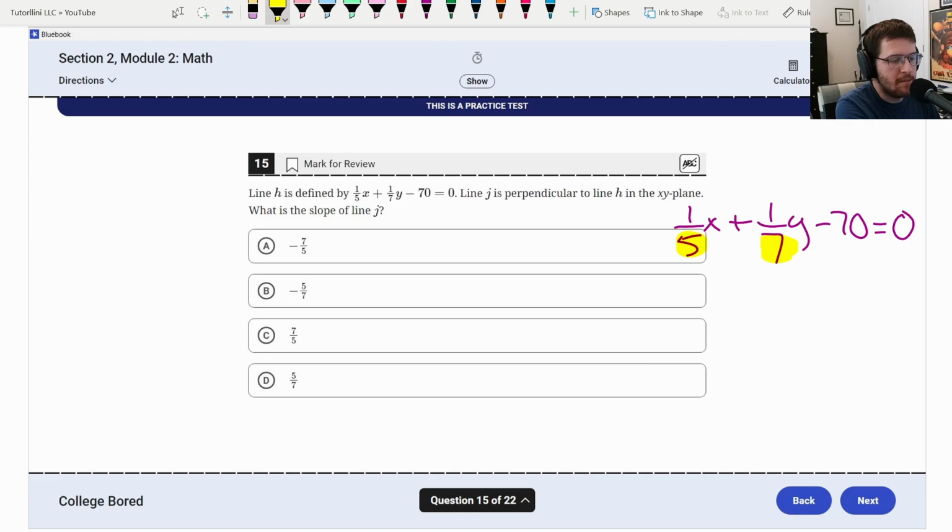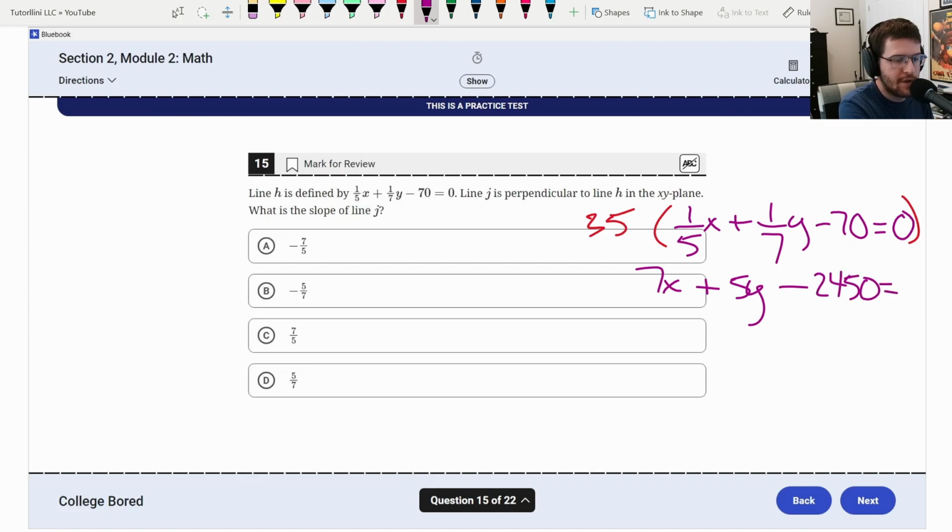The LCM of 7 and 5 is 35. So I'm going to multiply this whole equation by 35. 35 times 1/5, okay, that's 7x. 35 times 1/7, that's 5y. And then 35 times 70, that is 2,450. And then 35 times 0 is just 0.